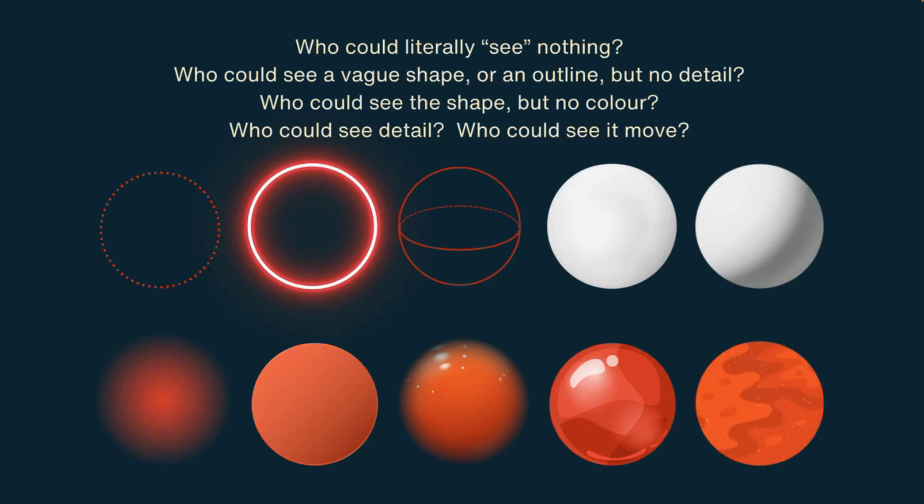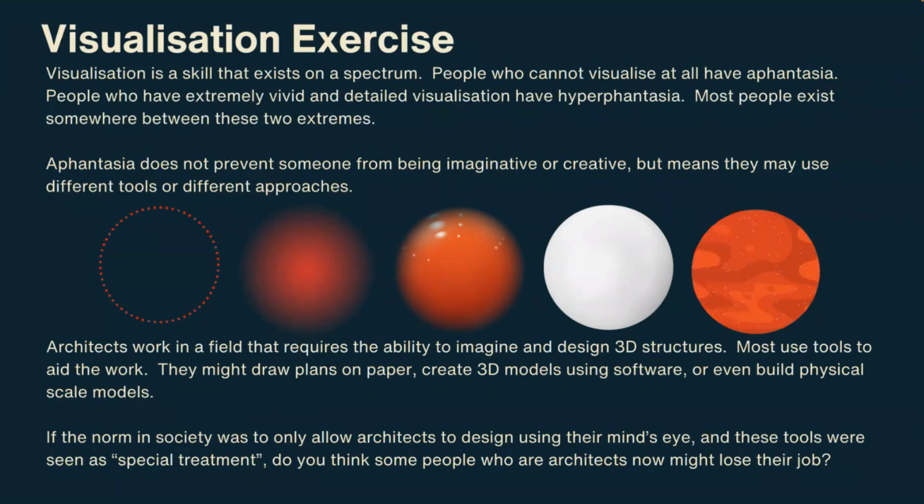Huge variety. That's interesting. Okay, so visualization is a key skill ranging from aphantasia, which is the absence of mental imagery, so everyone who couldn't see anything at all, to highly detailed live visual mapping. With the example of visualization skills, let's ask ourselves how many talented architects have significant skill in visualizing.